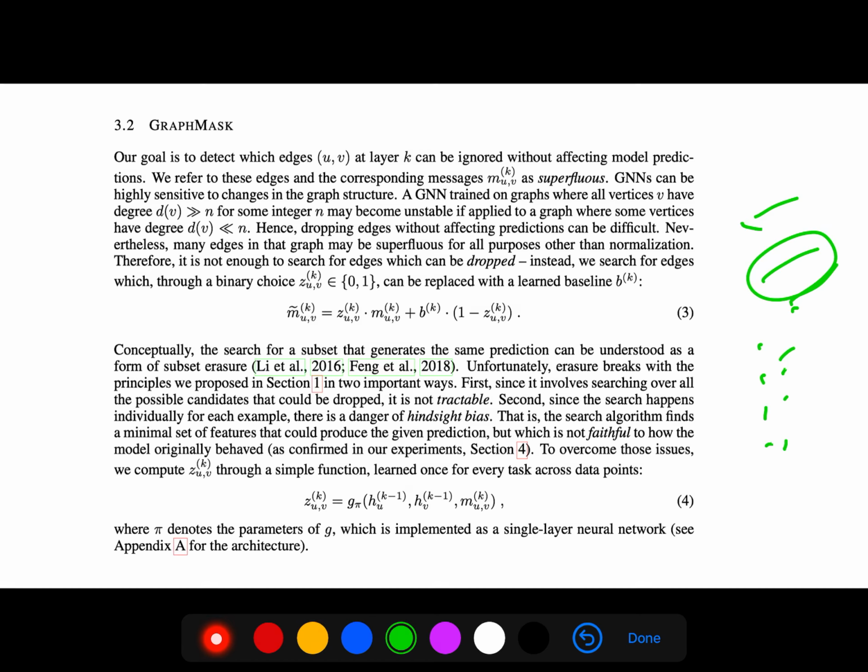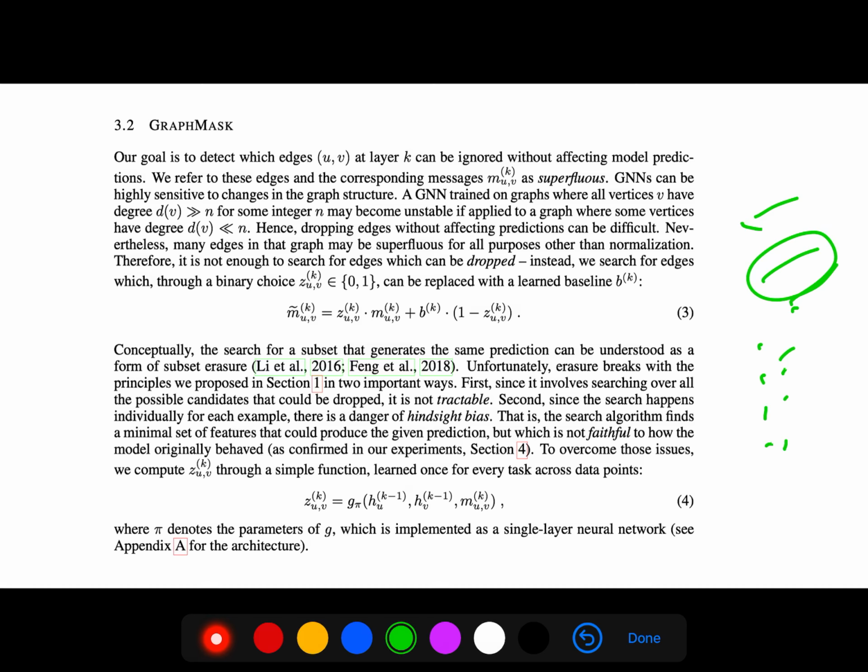So we want to detect which edges can be ignored without affecting model predictions. We refer to these edges and corresponding messages as superfluous. GNNs can be highly sensitive to change in the graph structure. A GNN trained on graphs where all vertices have degree greater than n for some integer may become unstable if applied to a graph where some vertices have degree much smaller than n.